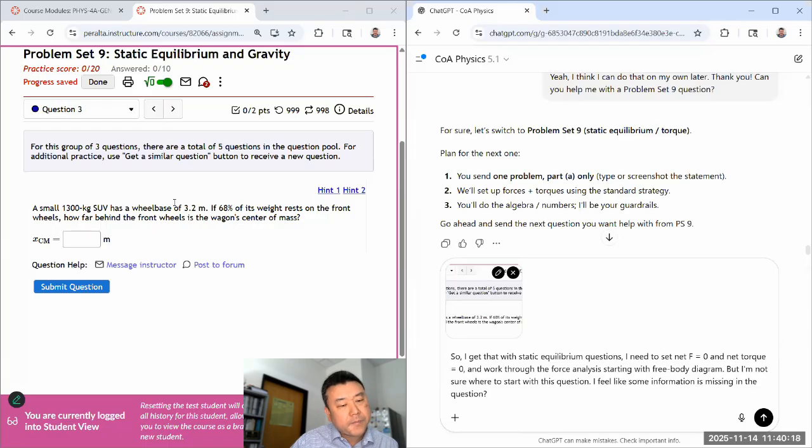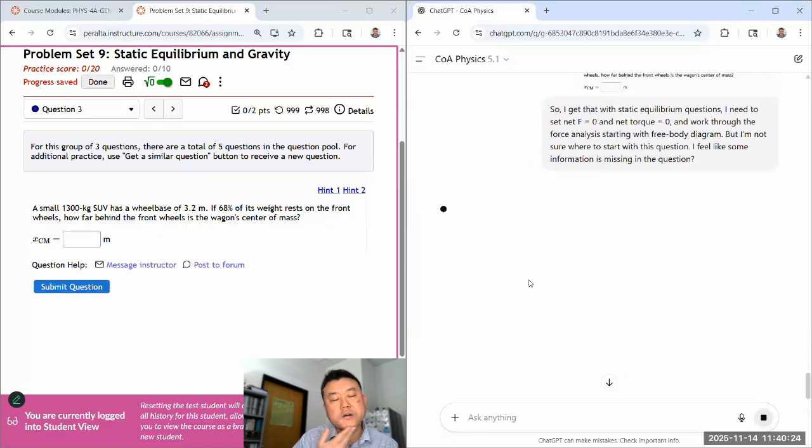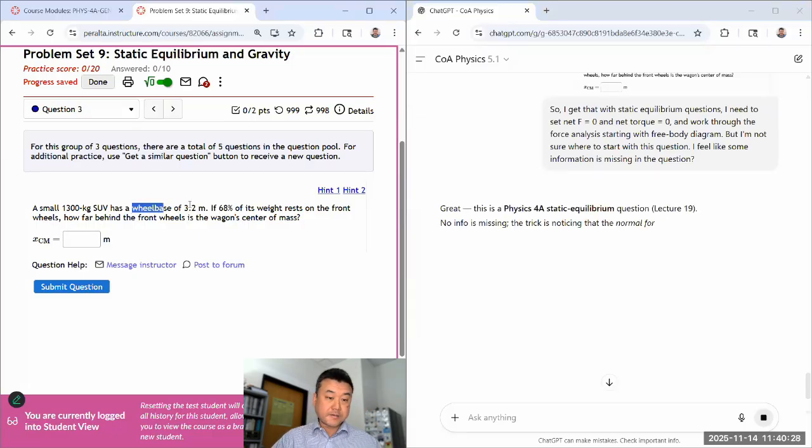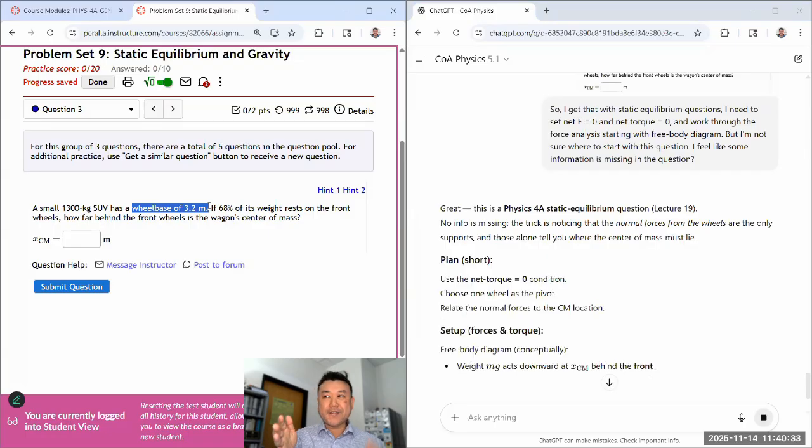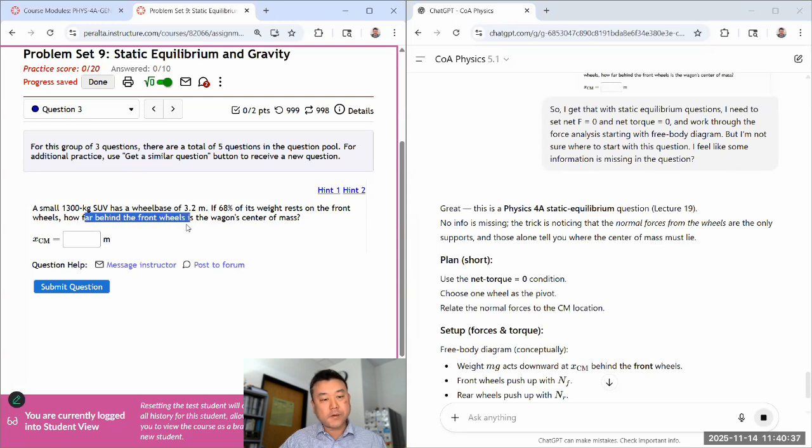It says a wheelbase, so I guess no information is missing. I think it's a matter of correctly interpreting wheelbase. If you could guess, it must be the distance between the front and the rear wheels, and it's asking how far behind the front wheels. So you don't need to know the relative distance between the front of the car and the front wheel. Yeah, no info is missing.